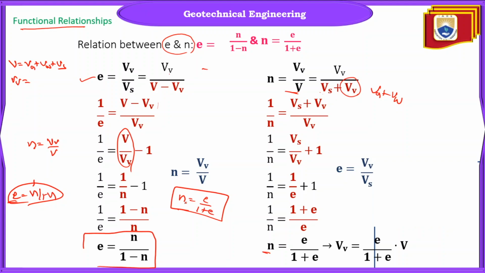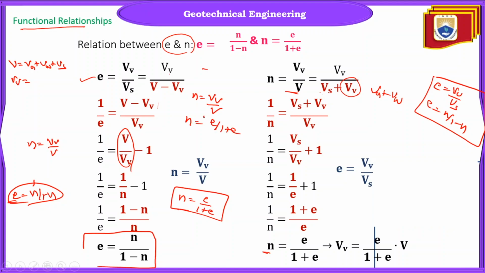The void ratio formula previously was only e is equal to volume of voids to volume of soil. Now from this relationship, another formula is e is equal to n by 1 minus n. And n is equal to volume of voids by total volume, and again from this relationship, n is equal to e by 1 plus e.